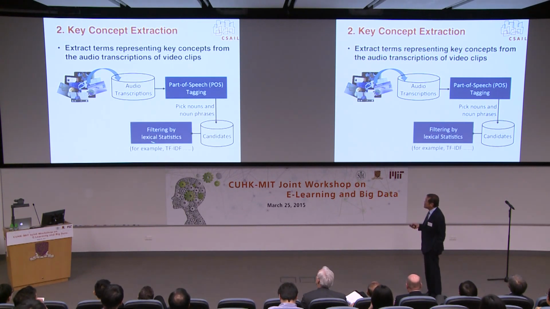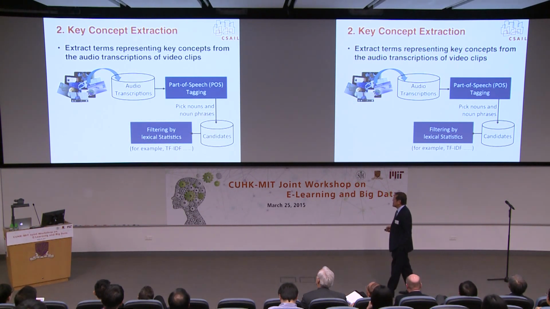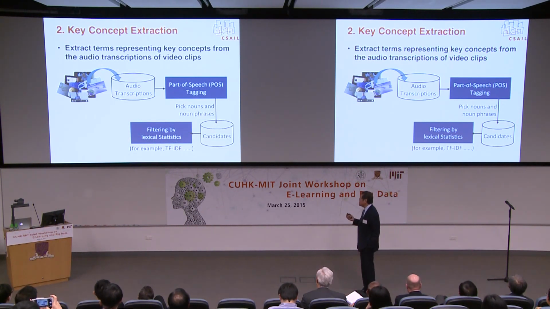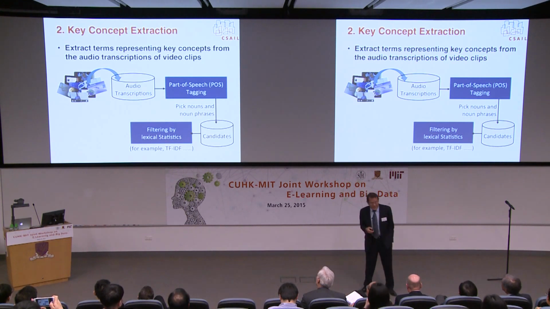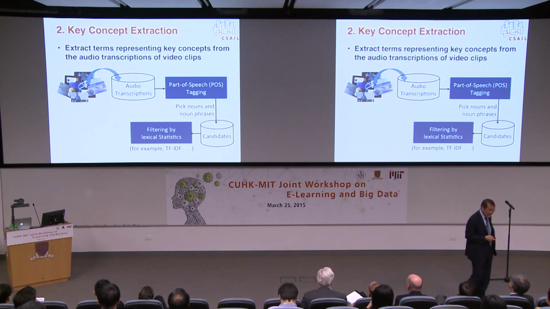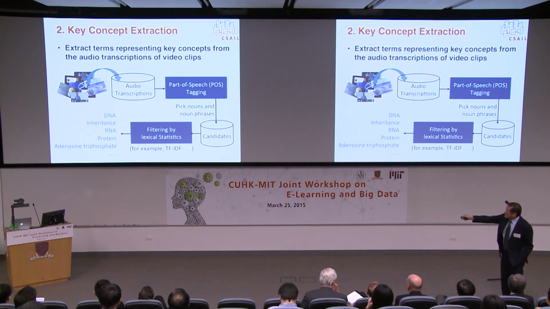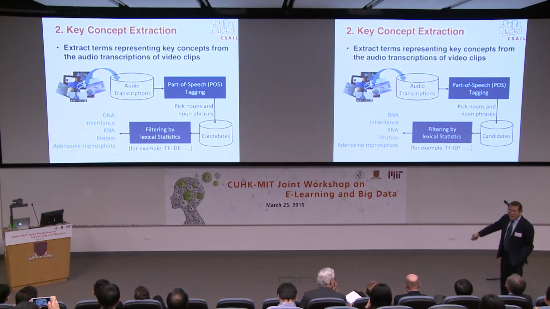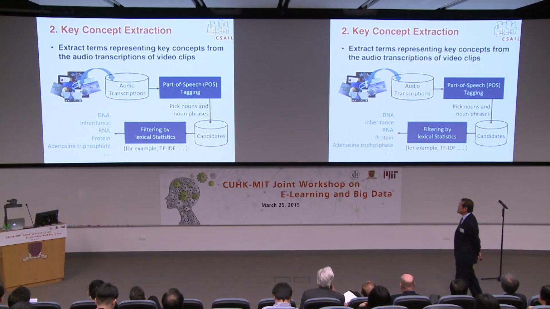And then we filter by some lexical statistics. For example, in our case, we were using TF-IDF, term frequency, inverse document frequency type of measurement. Once that is done, we get a bunch of noun phrases, for example, for a computational biology course.